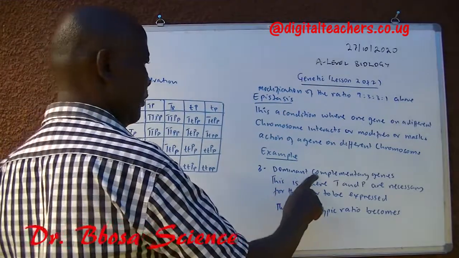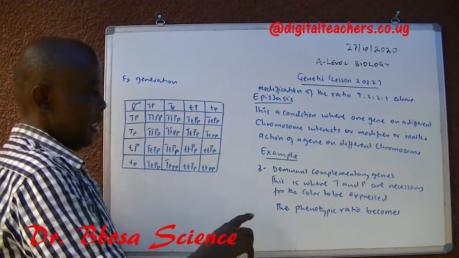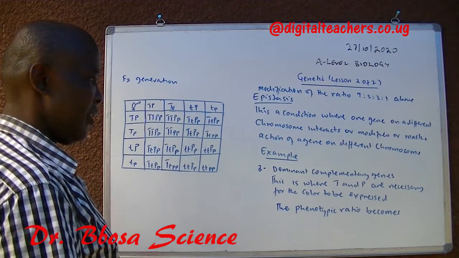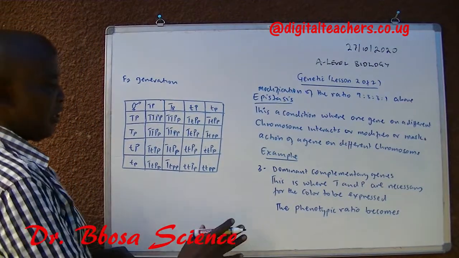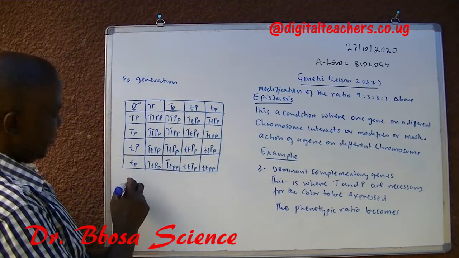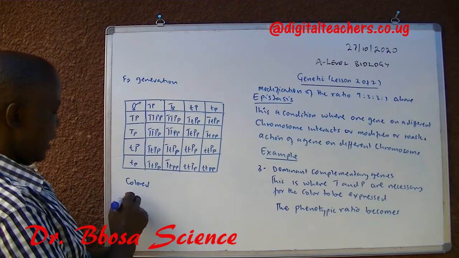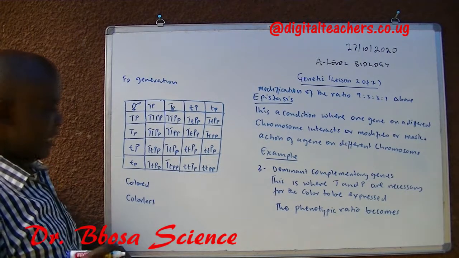Number 3, dominant complementary genes. This is where T and P are necessary for the color to be expressed. The phenotypic ratio becomes, so we have colored and colorless.